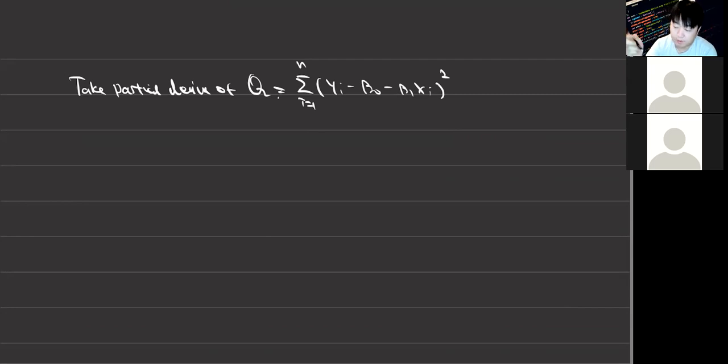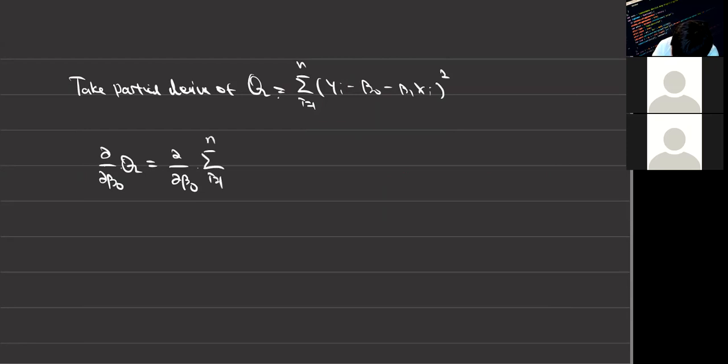If you only do one of them, then you're not done. You only solve one of them. So let's try. First, let's do partial beta 0. This is your loss function Q. So this is taking the partial derivative with respect to beta 0 of whatever this Q is: summation i from 1 to n, yi minus beta 0 minus beta 1 xi.